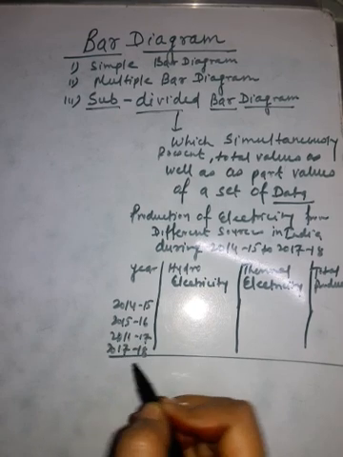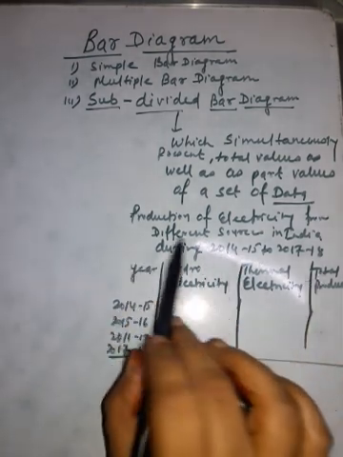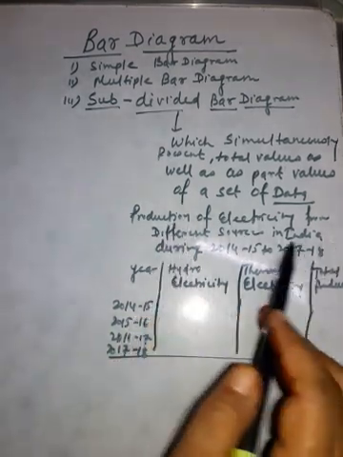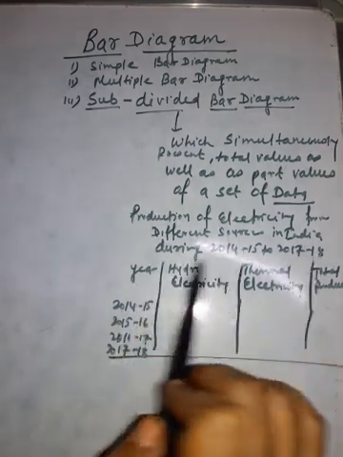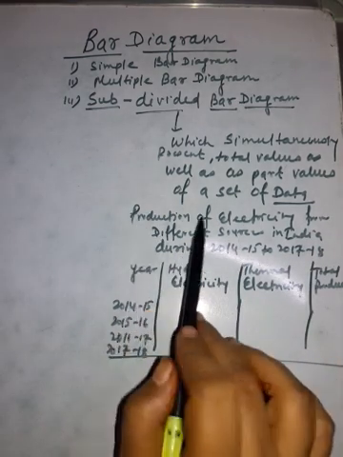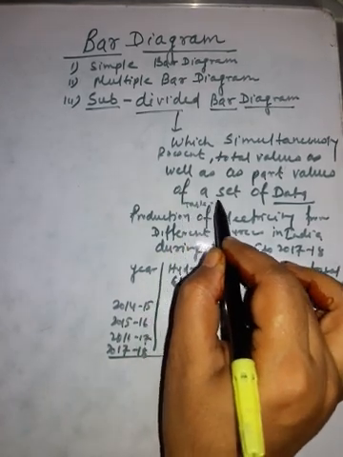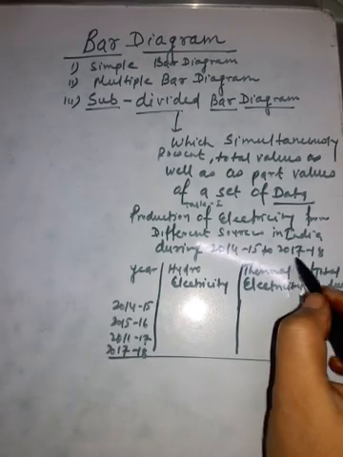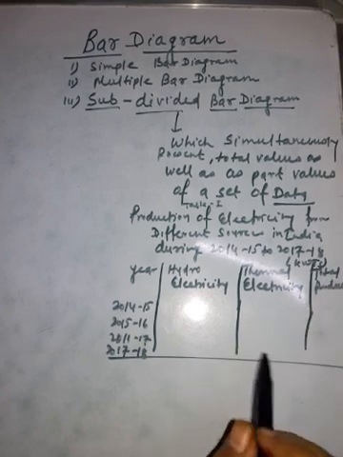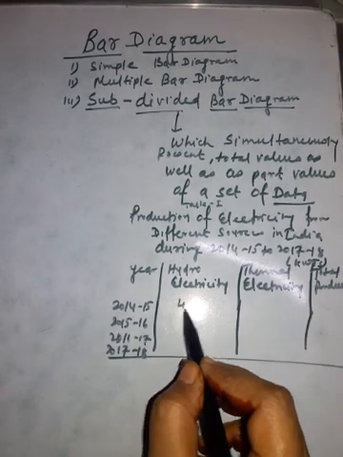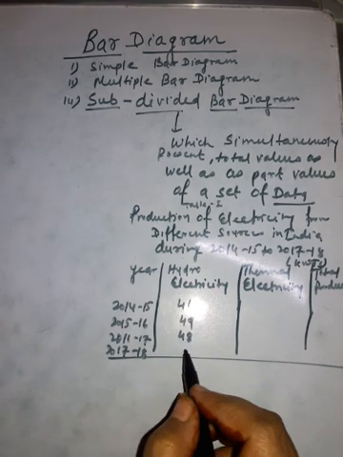Suppose hydroelectricity generated, as I discussed in the chapter on tabulation, you must write the table number and title of the data. So I am writing it over here. Suppose this is table number 1, and the data is presented in kilowatts. Suppose 46, 49, 48, and then 51.